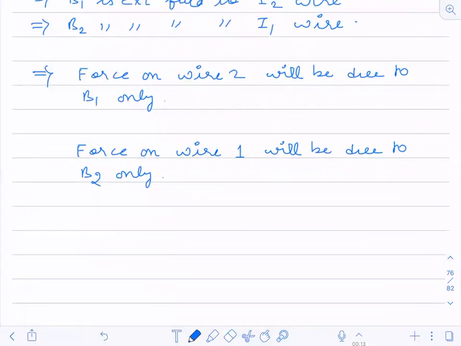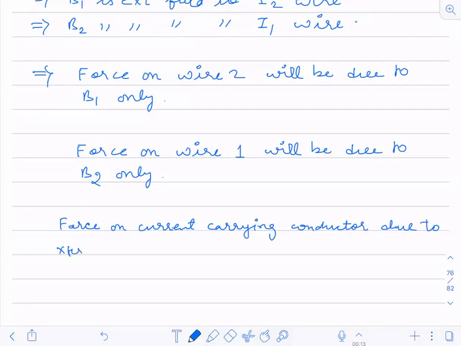So how do we write force now? Force on current carrying conductor due to external magnetic field.